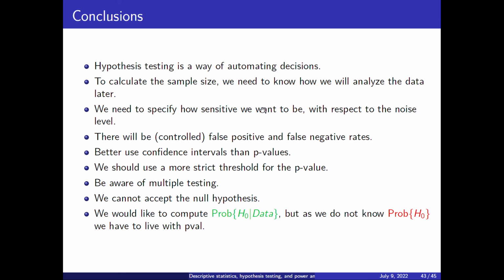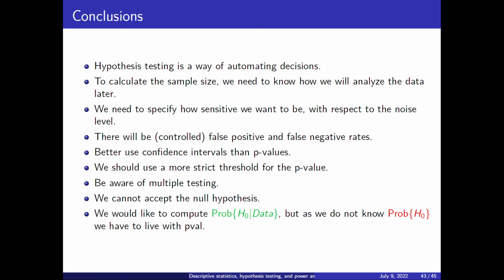So what is the effect size that you want to detect in which level of noise? And the larger the effect size with respect to the noise level, the easier it will be to prove that the null hypothesis is false, and the smaller the sample size.